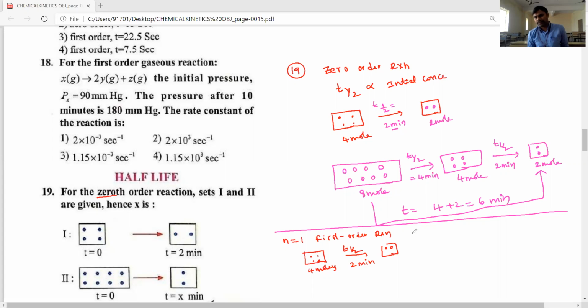And the half-life period T half is independent of concentration. In the same way, the 8 moles are present.